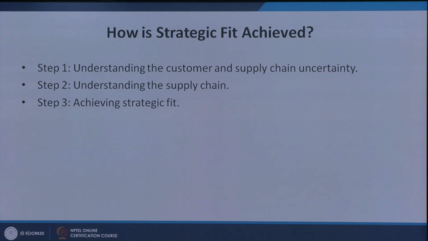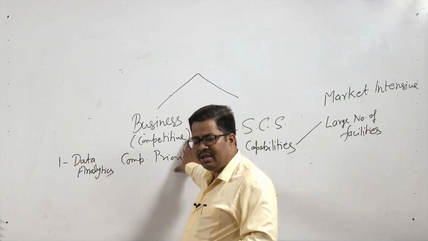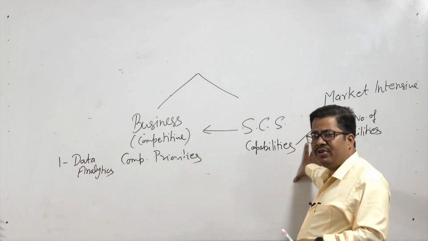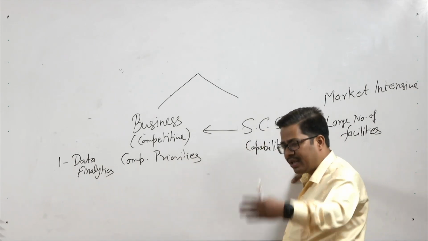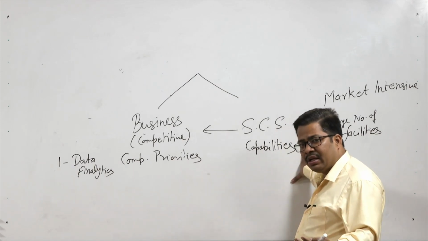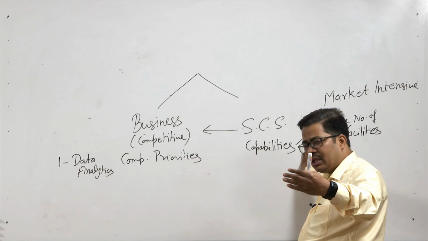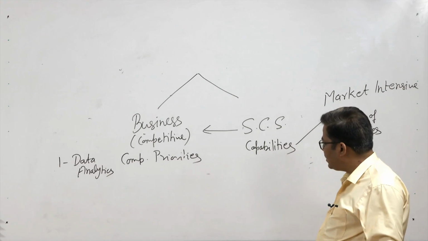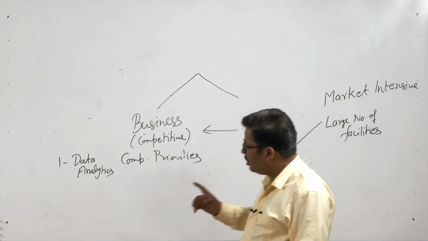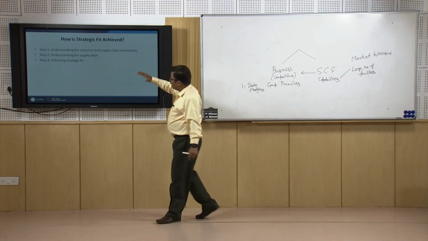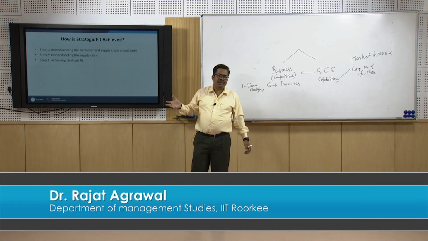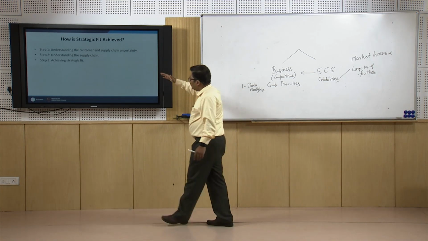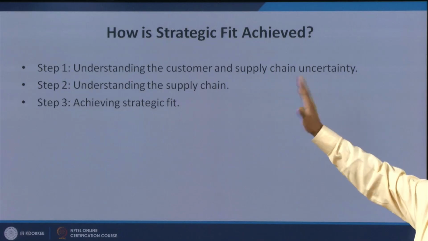Your customer is continuously changing priorities, and the capabilities of your supply chain also have a lot of uncertainties, because in your supply chain there are suppliers, vendors, and other members, and they all have some component of uncertainty associated with them. So the very first thing is to understand the customer and supply chain uncertainty, and to a large extent data analytics may help us in resolving these uncertainties.